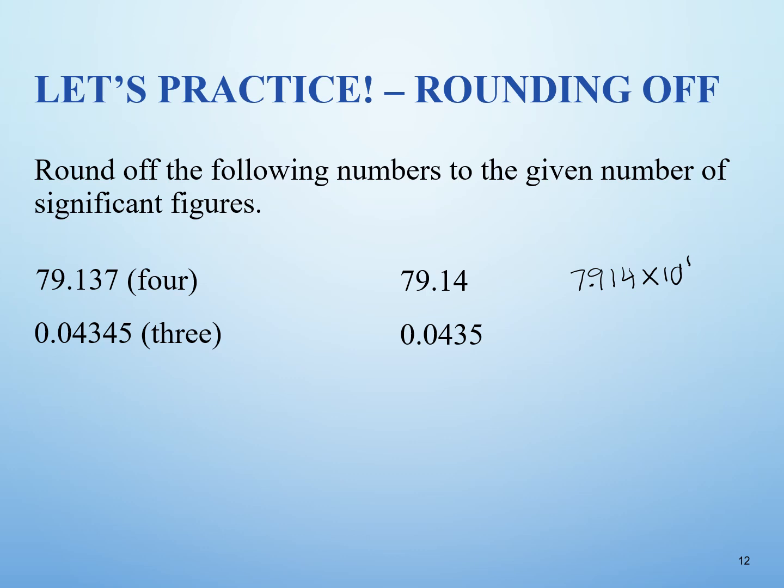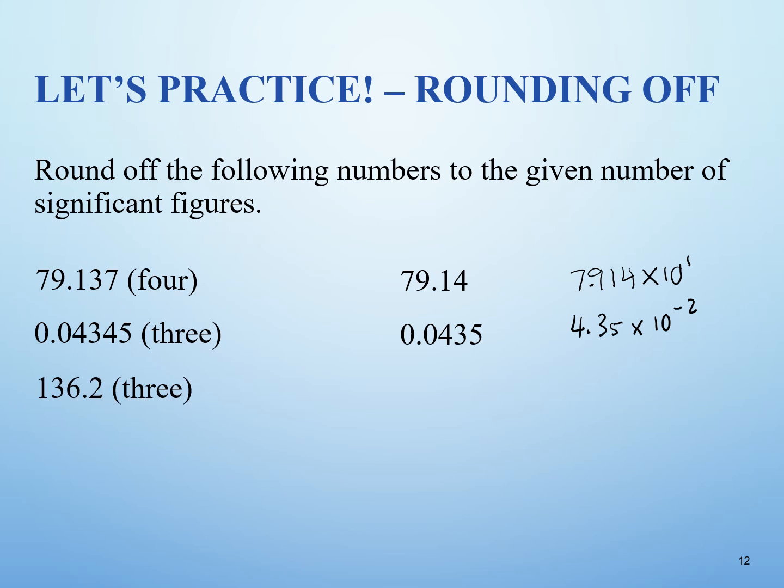Okay, now this next one, if we wanted to write 435, I would write 4.35 times 10 to the, it's negative. Okay, let's count how many negative. 1, 2. So negative 2 right there.